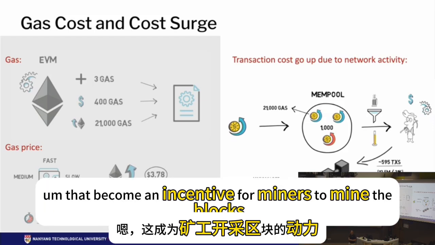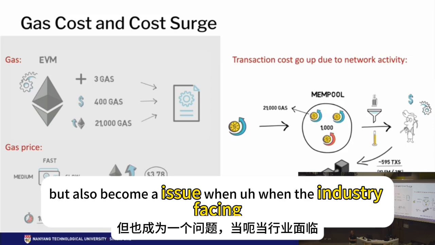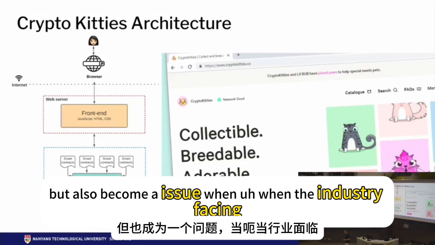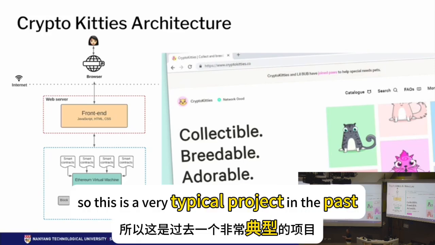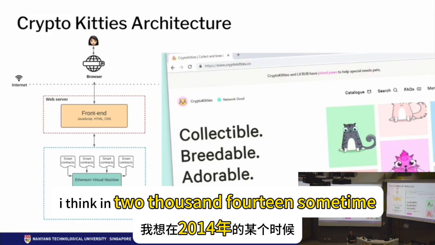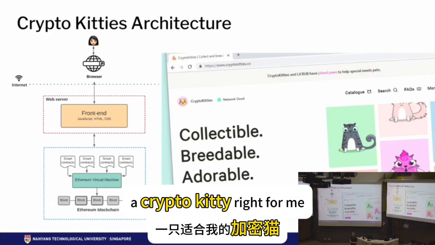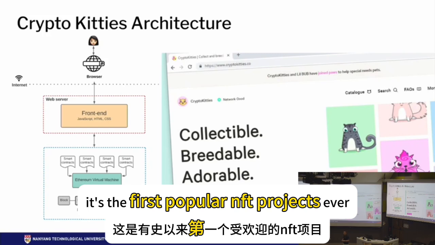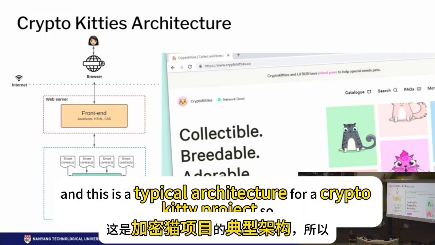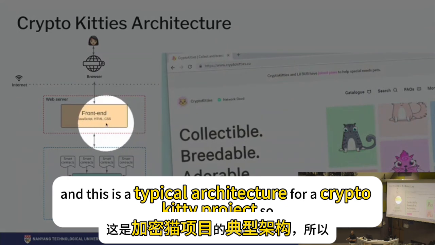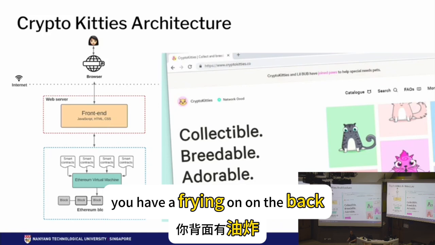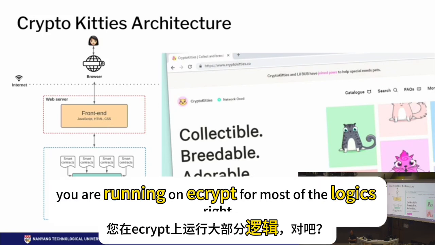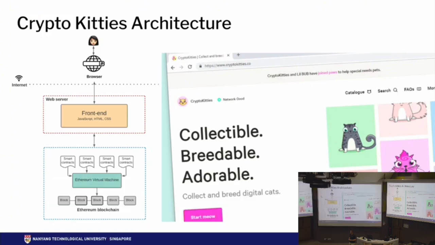That becomes an incentive for miners to mine blocks, but also becomes an issue when the industry faces congested times. What does that mean? A very typical project in the past, I think around 2017, was CryptoKitties. For me, it's the first popular NFT project ever. This is the typical architecture: on top you have a front end, and at the back most of the logic runs on Ethereum.